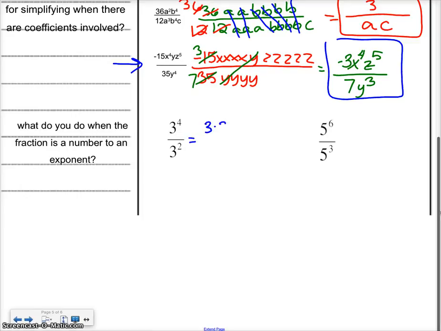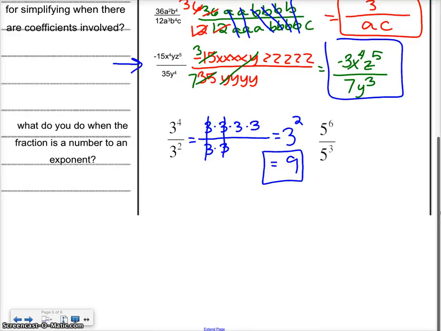So I have 1, 2, 3, 4 3's over how many 3's on the bottom? 2 3's on the bottom. Cross, cross. I'm left with what? 3 squared, which is 3 times 3? 9. Okay, so same strategy where you don't have to evaluate through. If they're the same base, which means the same big number, you can just expand it out and cross them out.